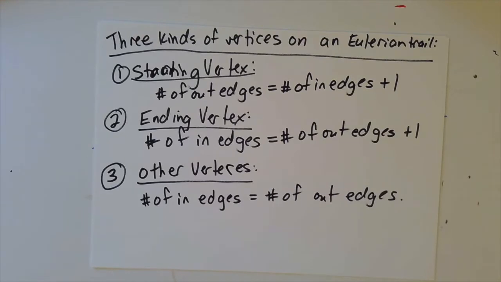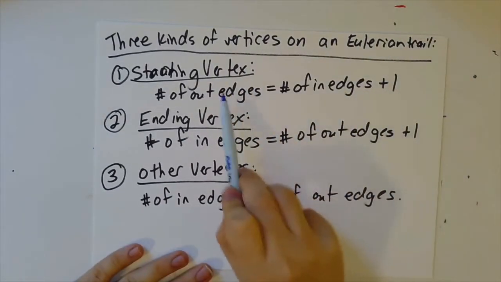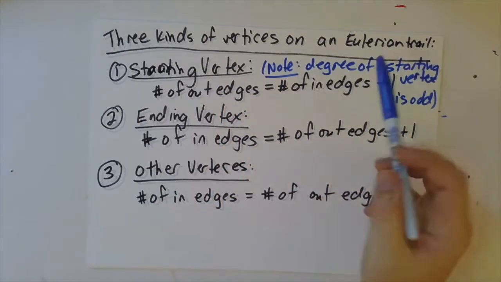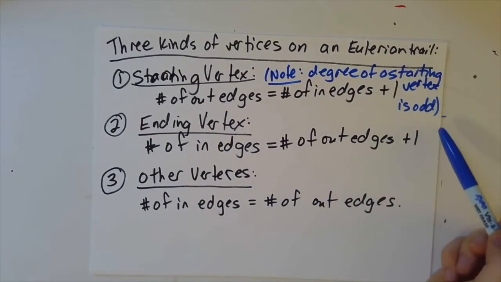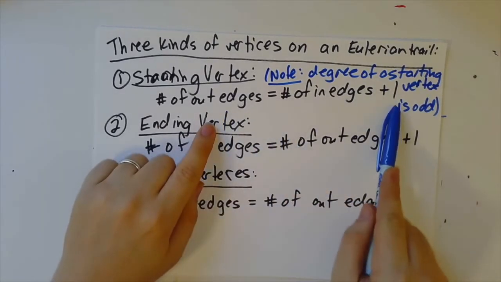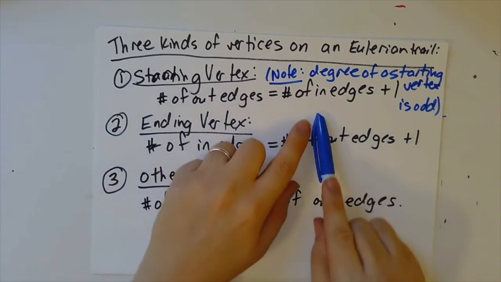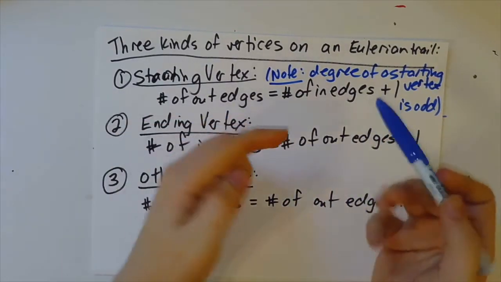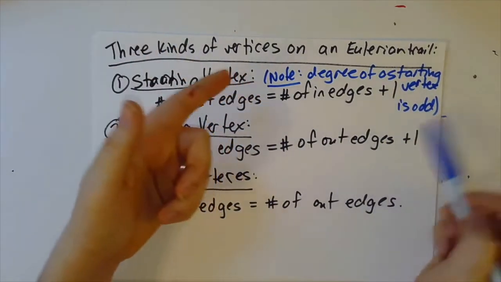Now I want to make an observation here that on an Eulerian trail, this means the total number of edges that touch that vertex is of necessity odd. Why is it that this degree is odd? It's because the number of out edges plus the number of in edges is going to be the total degree, but the number of out edges plus the number of in edges, because of this equality, is the number of in edges plus the number of in edges plus 1, which is twice the number of in edges plus 1, which is exactly saying that this number is odd.